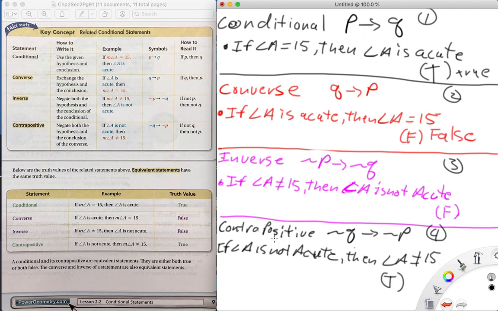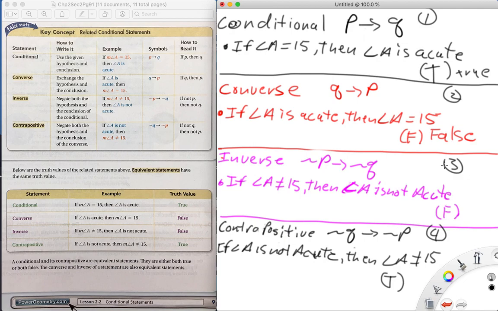The contrapositive and the conditional are the same statement, just written differently. The converse and the inverse here are also the same statement because I can use the same example to prove these two false.